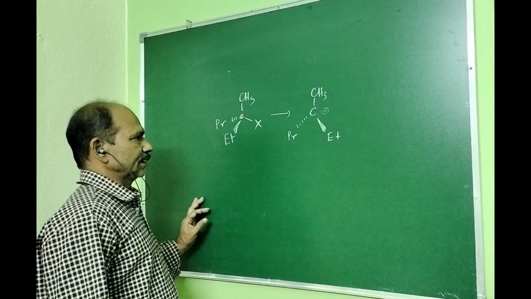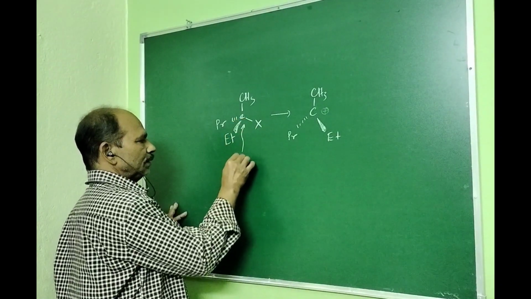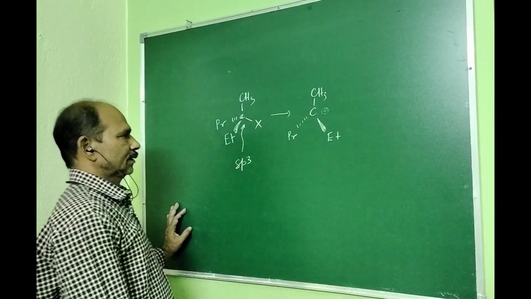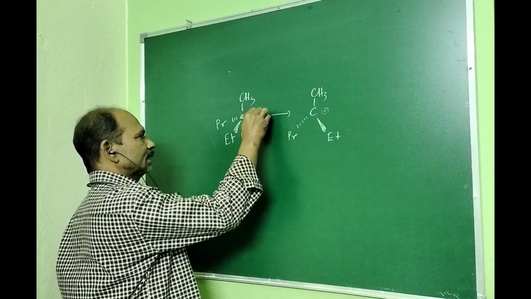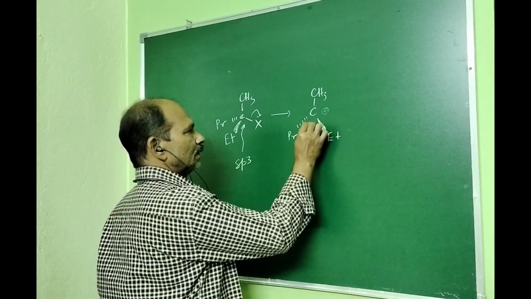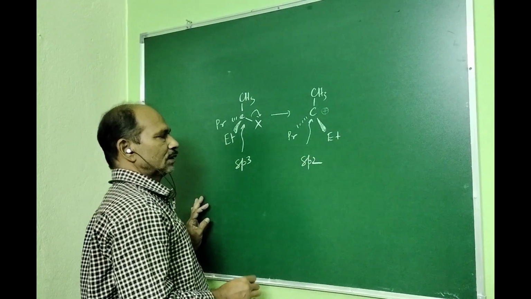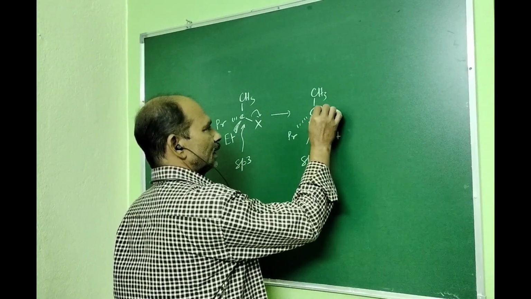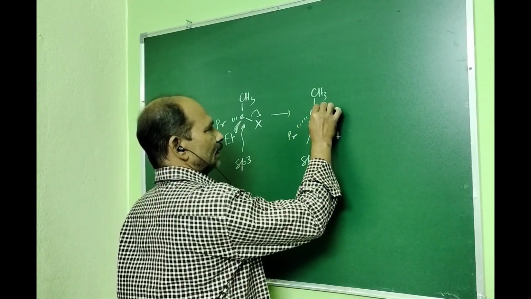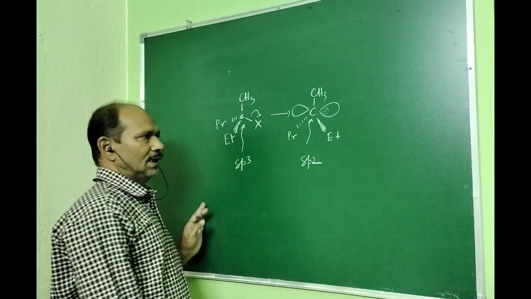So in this case, this carbon atom is sp3 hybridized, but when X minus leaves the system, it will convert to an sp2 carbon. You know, in the sp2 carbocation, there is a vacant p orbital.